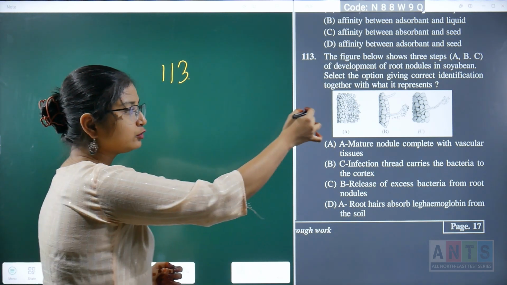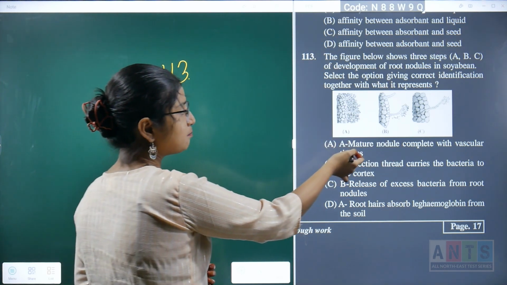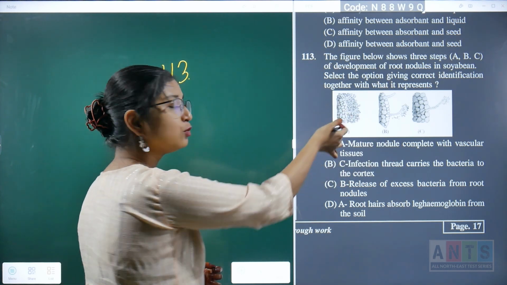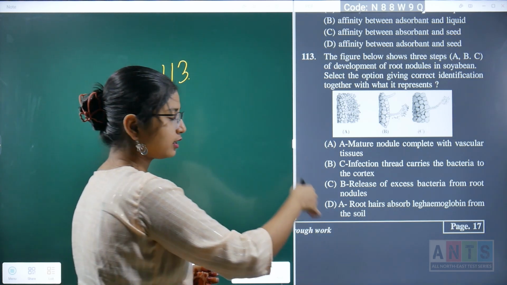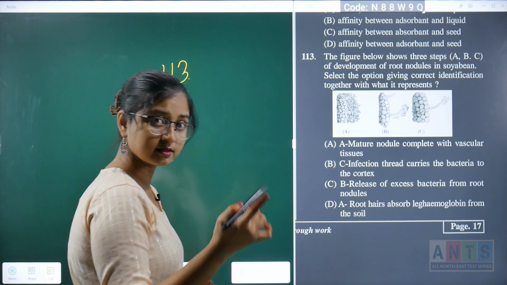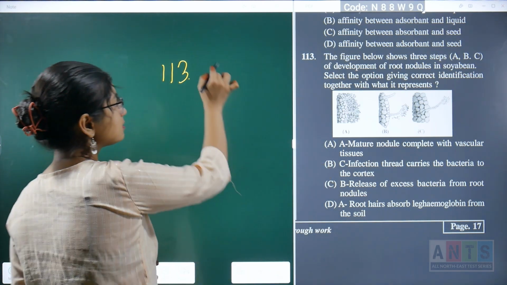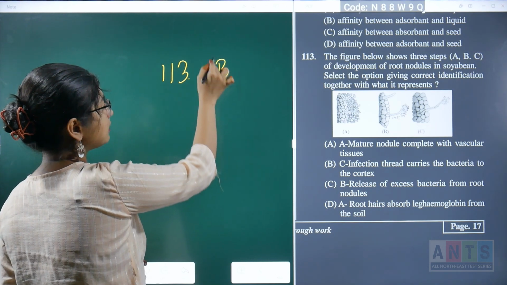Now, you have to match the figure with the respective explanation. A, mature nodule, यहाँ पे तो बस शुरू हो रहा है process, no mature nodule, so not A. C, infection thread carries the bacteria to the cortex. This seems to be correct. So question number 113, the correct answer is option B.